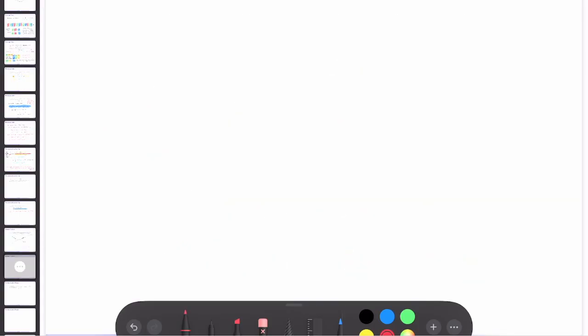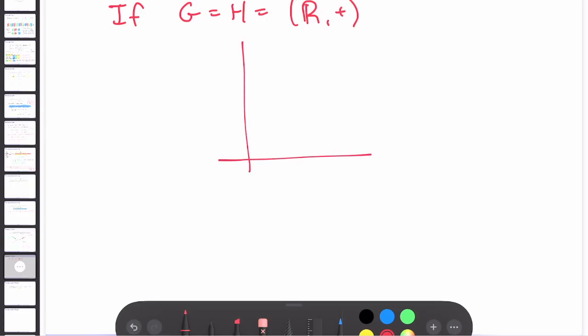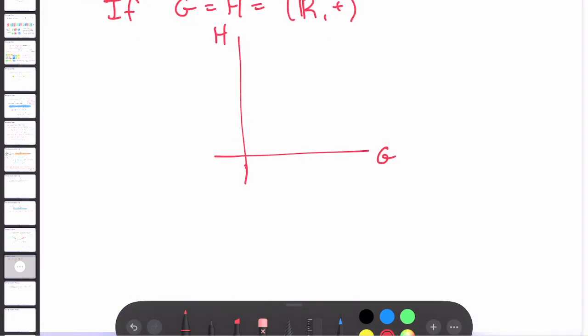So if G and H are both real numbers with addition, then you can literally draw what it looks like. This is G, this is H. And if I pick some random elements in here, and I think about what this projection map is doing, well, it's just saying I don't care how high they are.